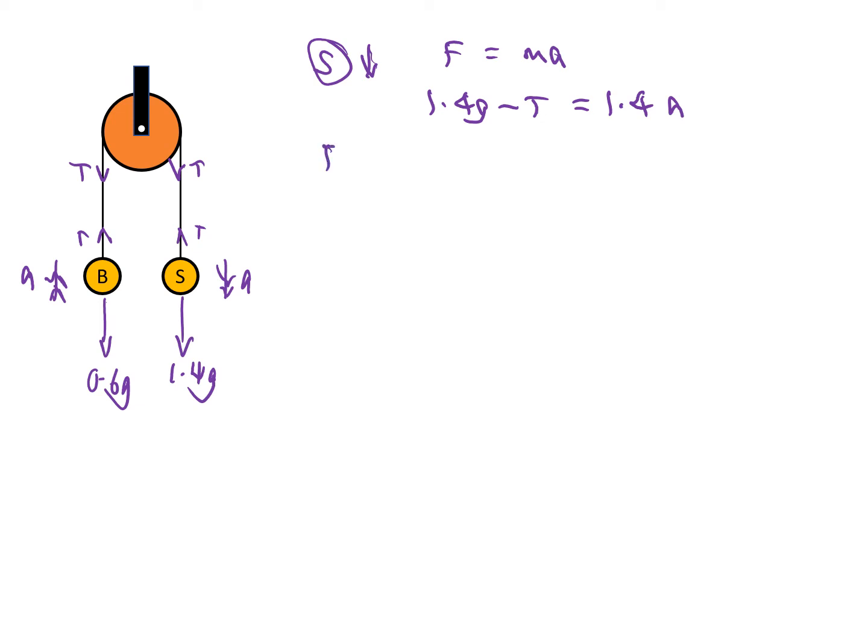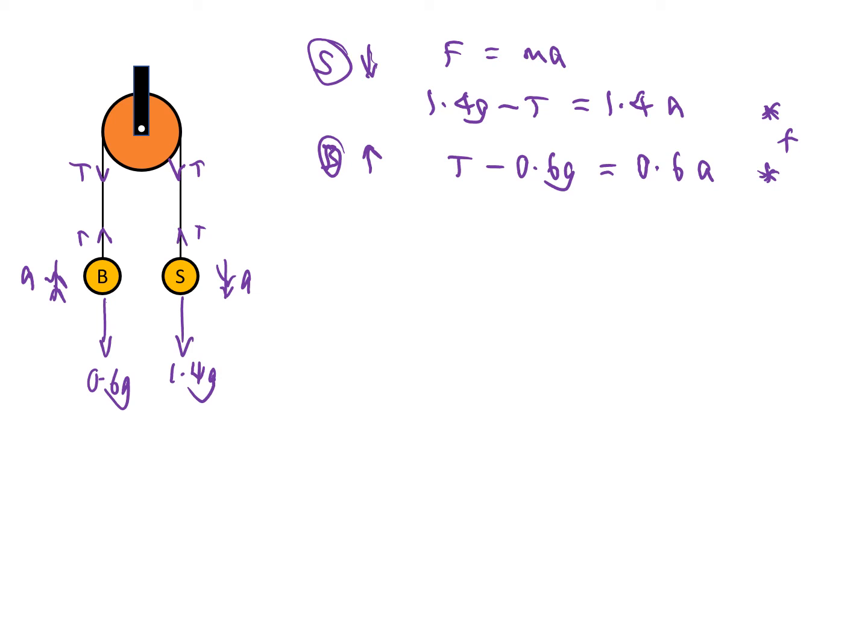Then we look at B, and B is going up. We're looking at F equals ma for B this time. If we look at B going up, then we've got T minus 0.6g, which equals B's mass of 0.6 times A. So I've got two simultaneous equations here, and the simplest way to solve these is simply to add them together.